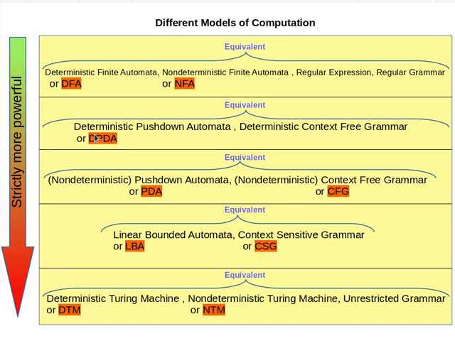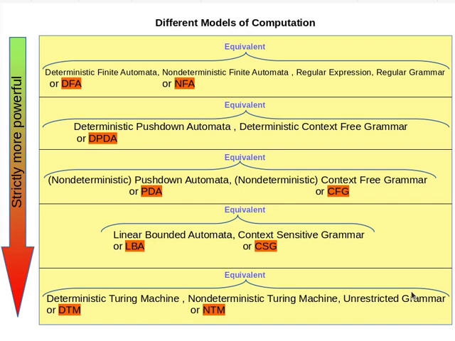Similarly, deterministic pushdown automata and deterministic context-free grammar, they are equivalent. The non-deterministic version of pushdown automata is equivalent to context-free grammar. So linear bounded automata are equivalent to context-sensitive grammar, and deterministic Turing machine, non-deterministic Turing machine, they are all equivalent, and these are equivalent to unrestricted grammar.